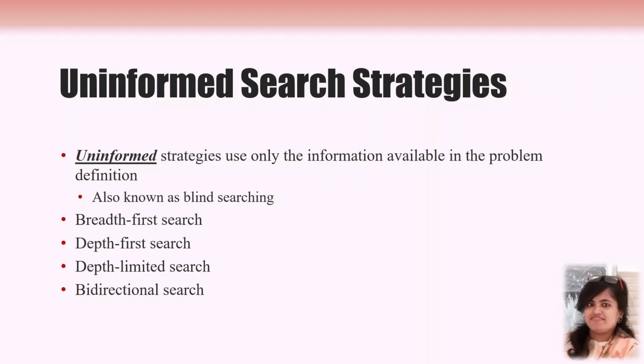These are also known as blind searching, because with less information it feels like we are searching blindly. We do not have more information about the search space. There are 4 major search techniques that belong to the uninformed search strategies: breadth first search, depth first search, depth limited search and bidirectional search.